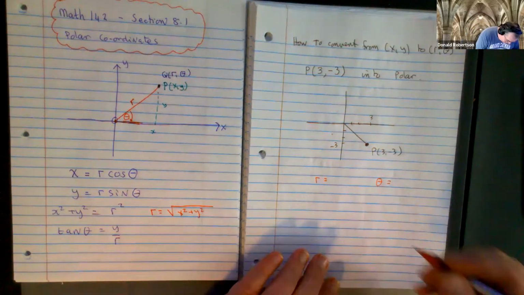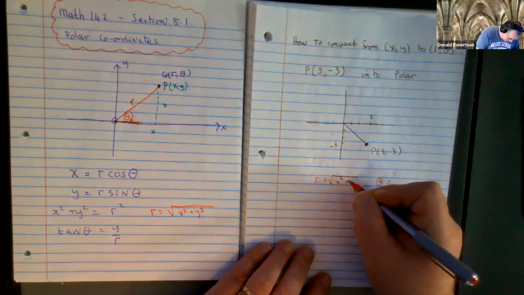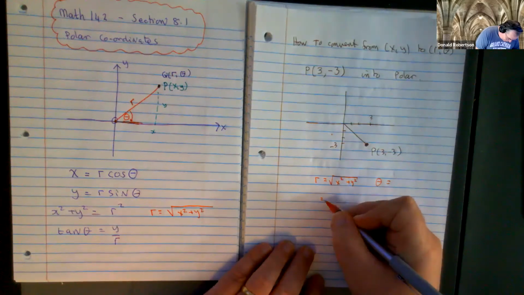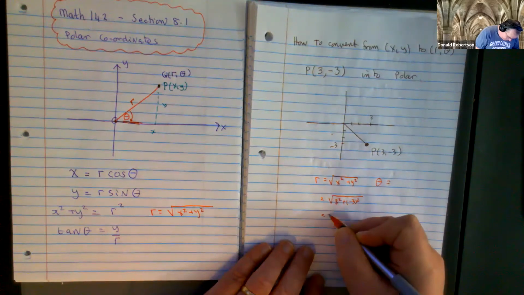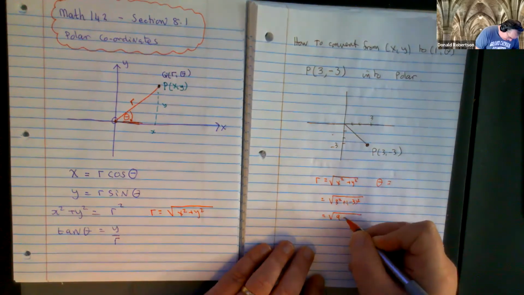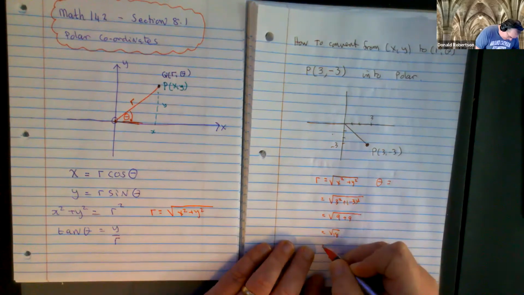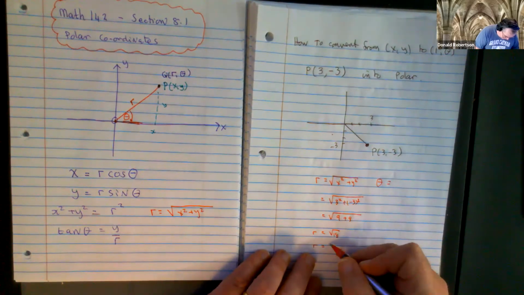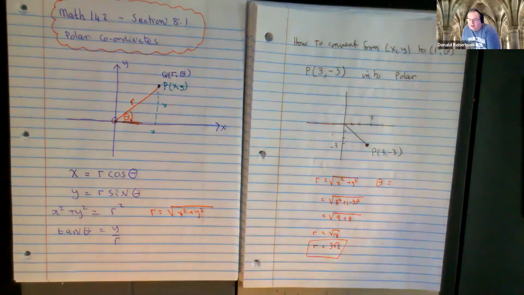So I can get r by taking the x coordinate and squaring it and adding the y coordinate squared, which in this case is 3 squared plus -3 squared, which is 9 plus 9, which is the square root of 18. And then 9 times 2, I can get 3√2. So there's the positive r value. And you typically always find positive r values. Negative r values are awkward. We don't like them.